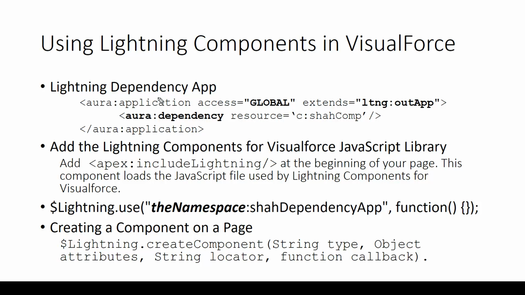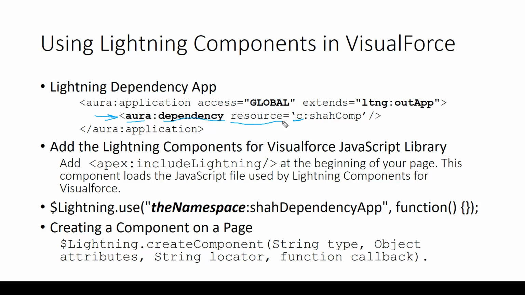Then what I am doing, I am declaring the components. I have a component here, c:showComp, or the display 10 accounts component. You have some component in this namespace, the default namespace, or your own namespace. aura:dependency is one component.